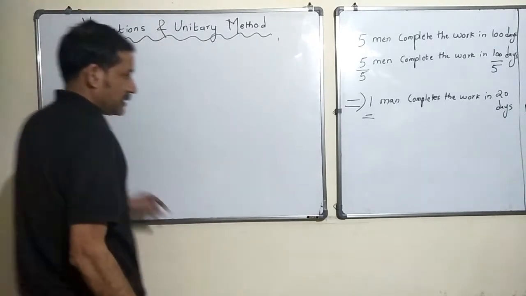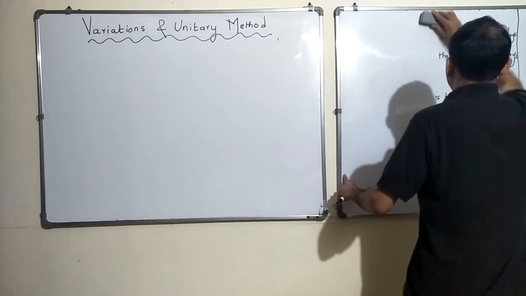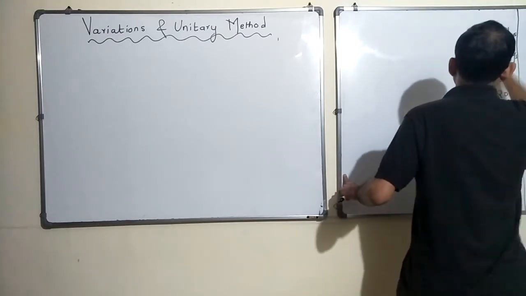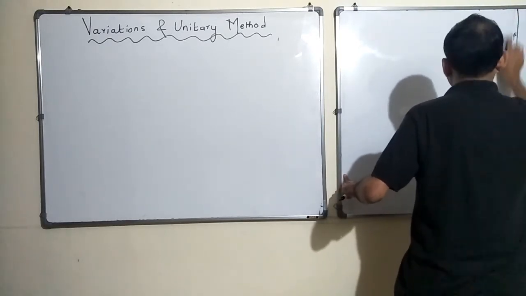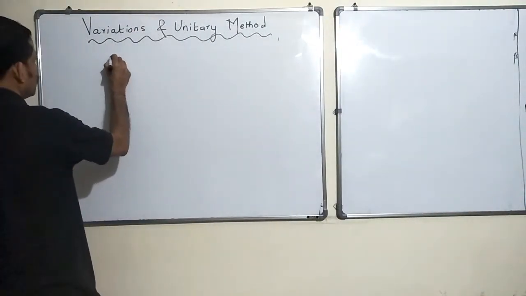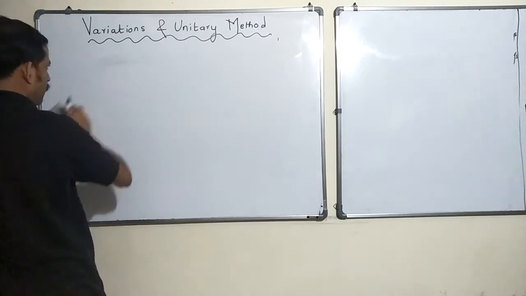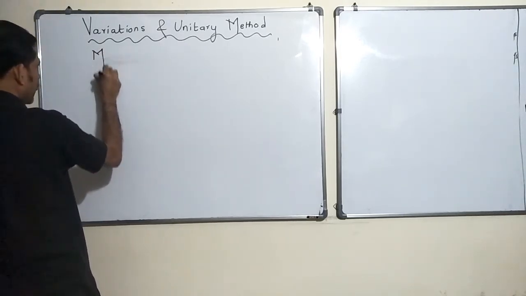Let's see if you understand. I am sure you would, okay? So there are 2 variations, one is direct variation, other is inverse variation. Alright, so let me start with the mangoes. So this is the problem of the mangoes, okay?